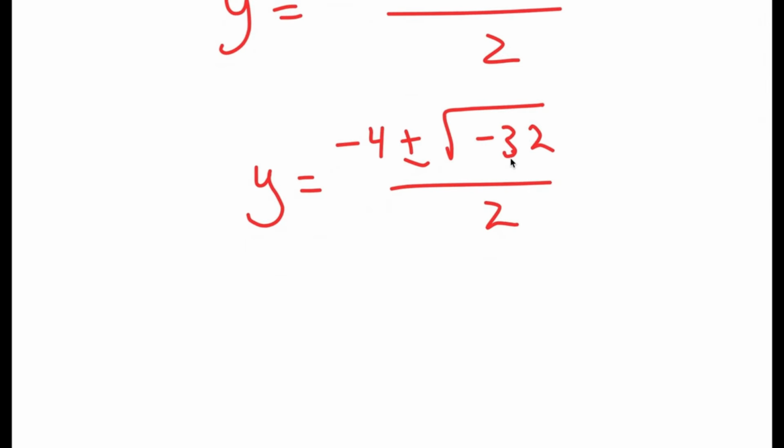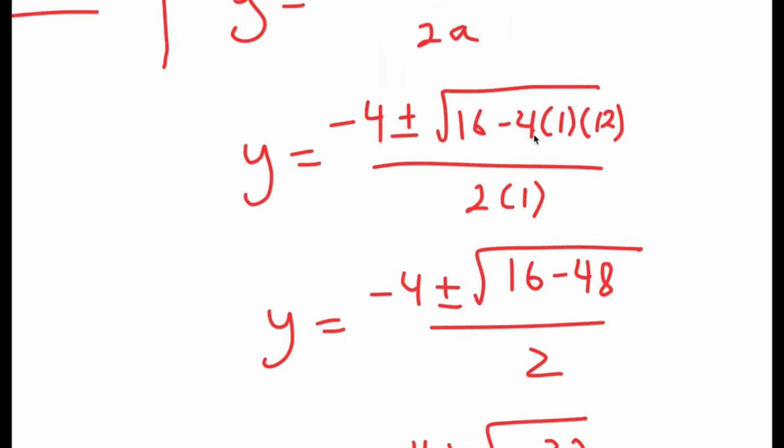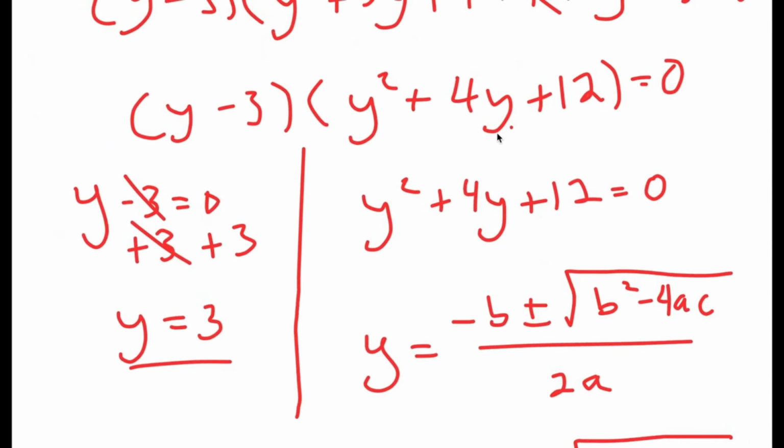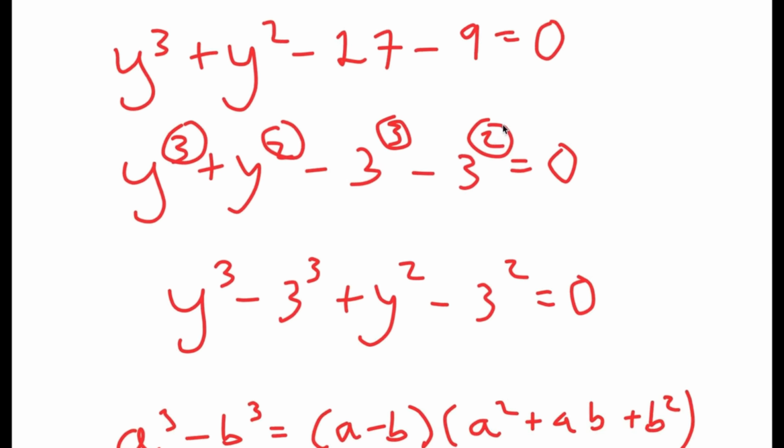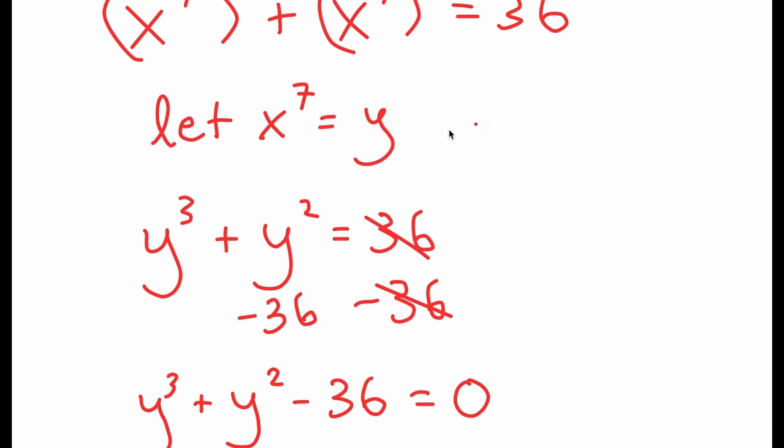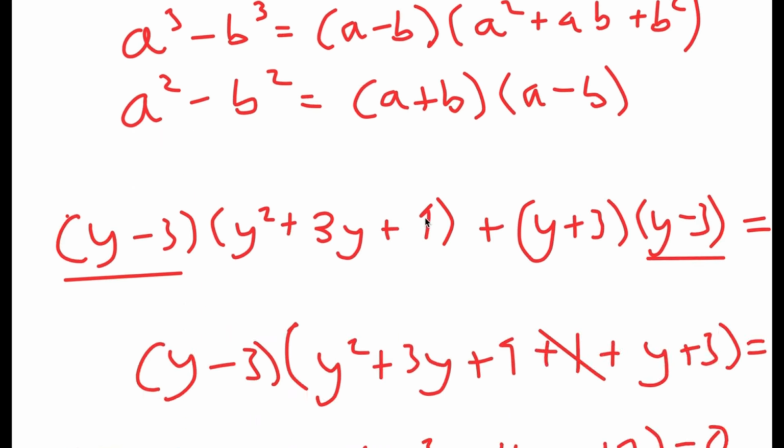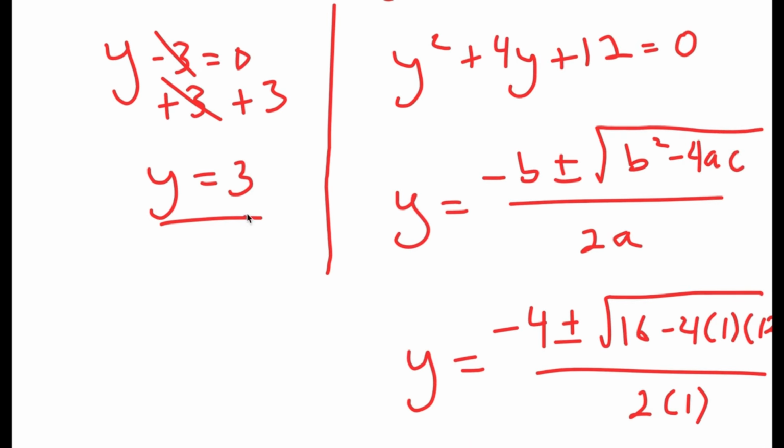And the square root of negative 32 is going to turn into an imaginary number, and that solution won't work because, remember, x to the power of 7 is equal to y, and you can't take a power of a number and make it an imaginary number. That doesn't work. So there's no solution to that. So our only solution for y is y equals 3, meaning x to the power of 7 is equal to 3.